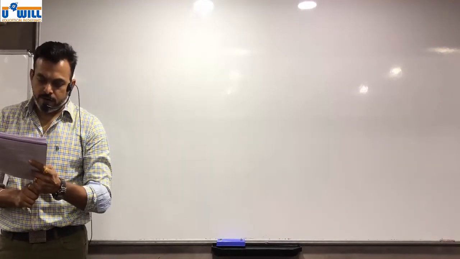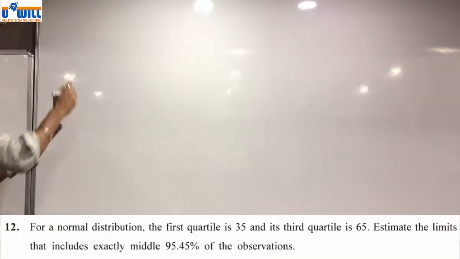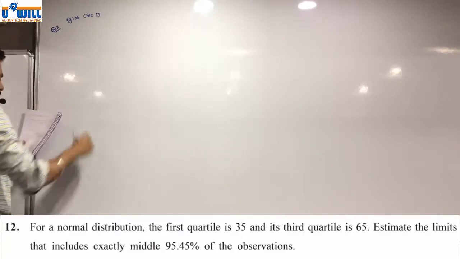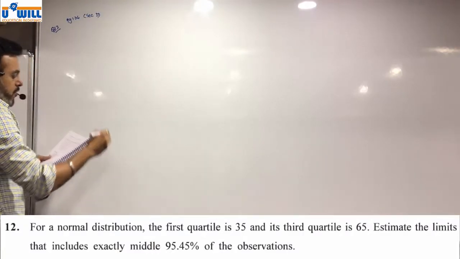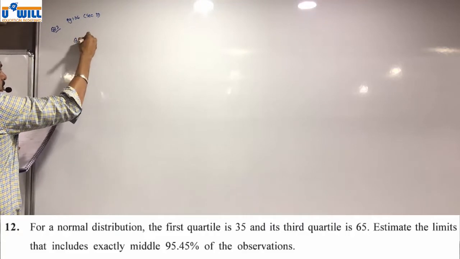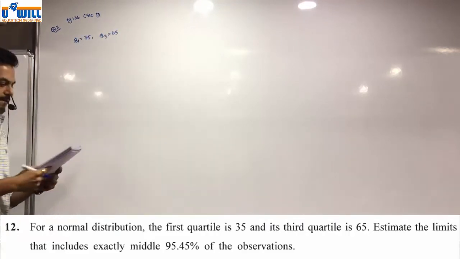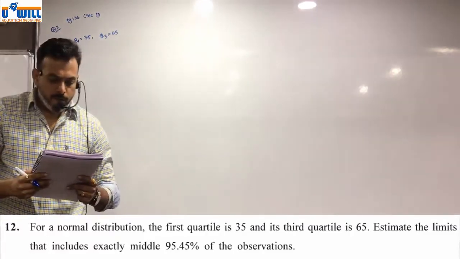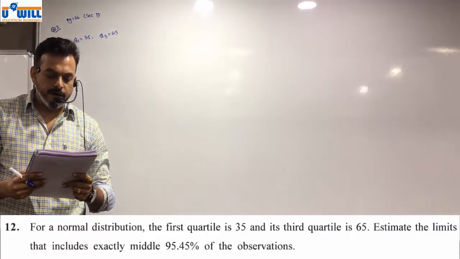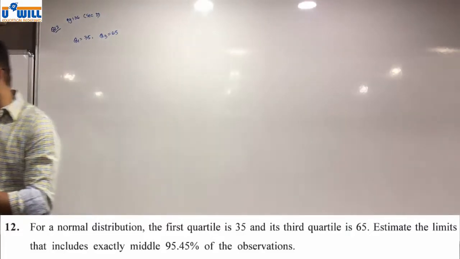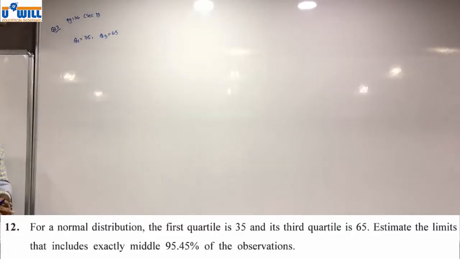Question number 12. Over here, first quartile is 35. Q1 is equal to 35 and Q3 is equal to 65. Estimate the limit that includes exactly middle 95.45% of the observation.